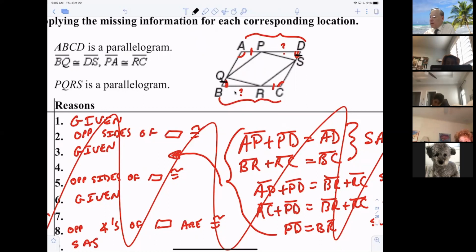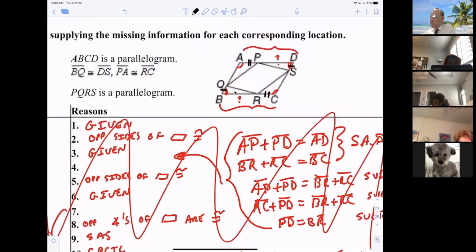And PA is congruent to RC. Prove that PQRS is a parallelogram. So if it's a parallelogram, that just means opposite sides are congruent, right? That's one thing.